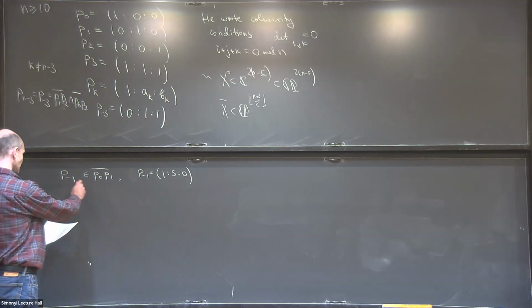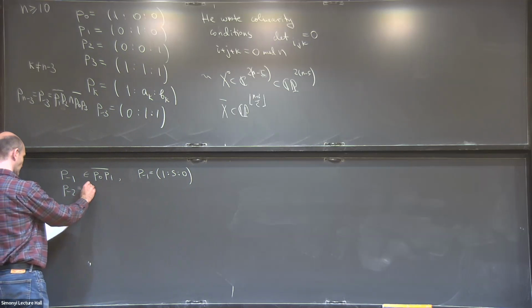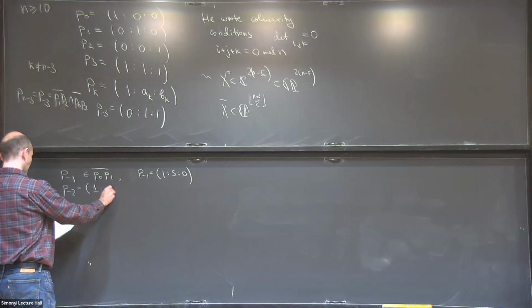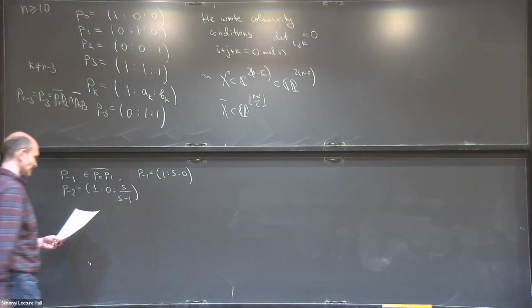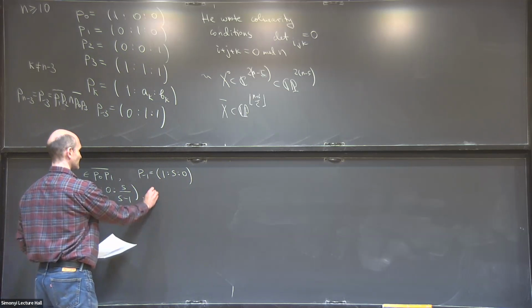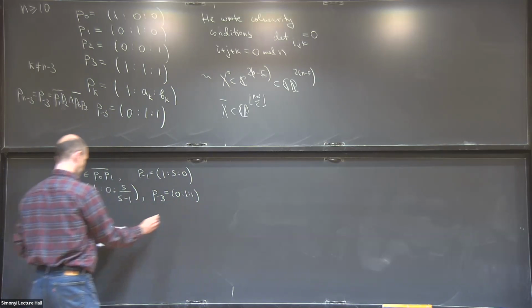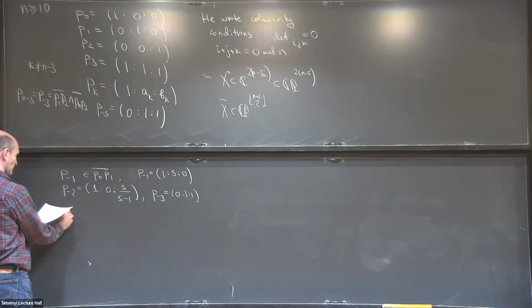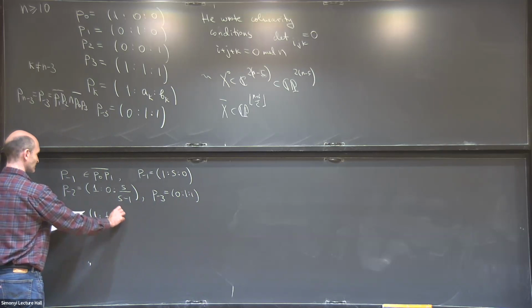Fine. You do p negative 2. You can see that it has to be s over s minus 1, and s cannot be 1. And p minus 3 we already computed. P minus 4, you can compute that the second coordinate has to be 1.